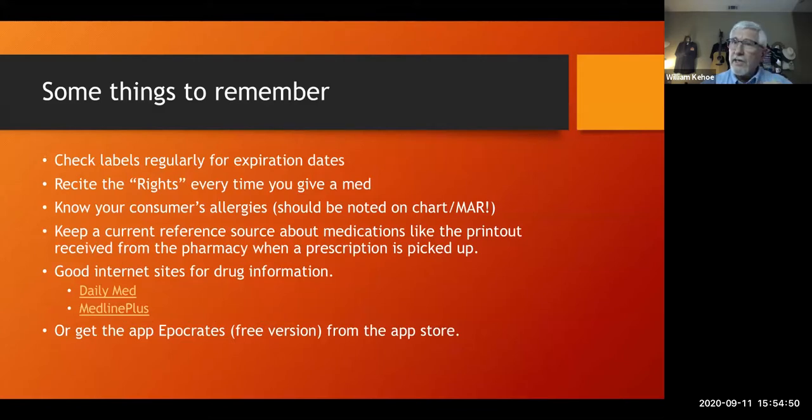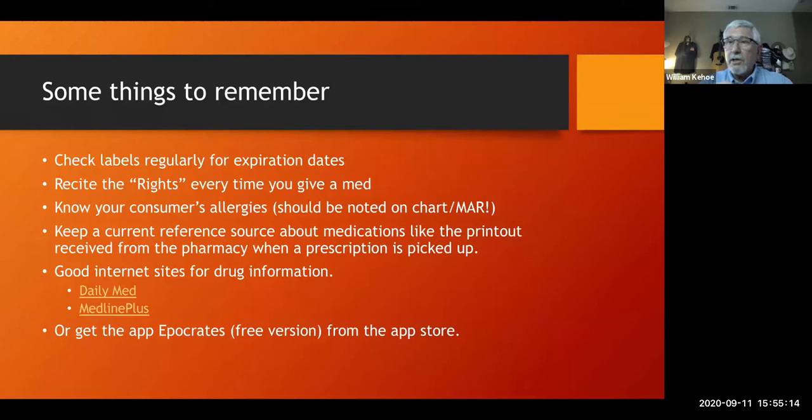Always check labels for expiration dates. People ask me a lot, what's in an expiration date? Well, let me tell you how that works. When manufacturers make medications, they're stable, but they're eventually going to break down just like everything else. I buy medications in the hospital pharmacy.